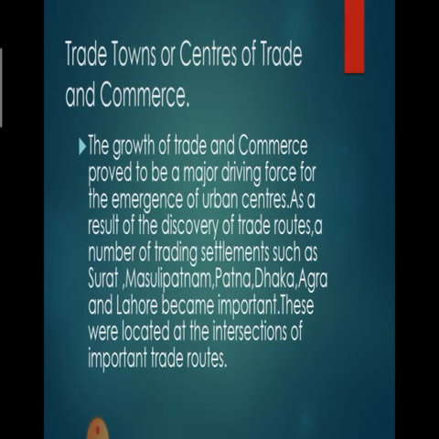Next we have trade towns or centers of trade and commerce. The growth of trade and commerce proved to be a major driving force for the emergence of urban centers in the medieval period. Trade relations existed within India as well as with the external world.